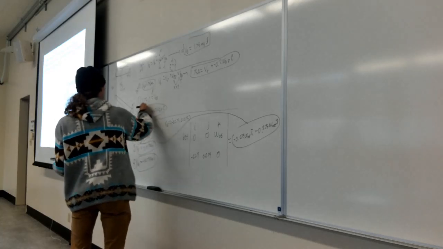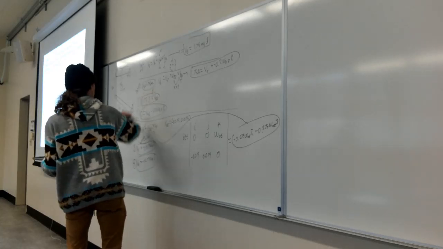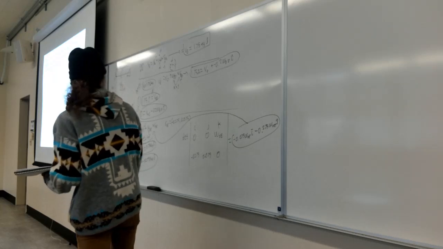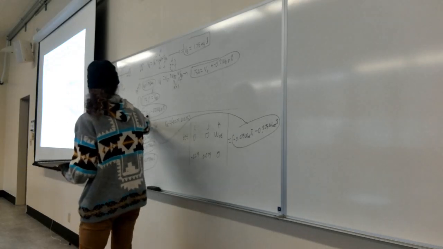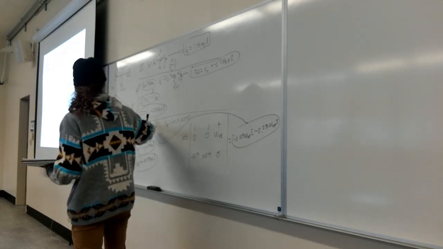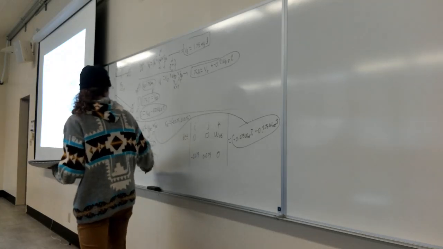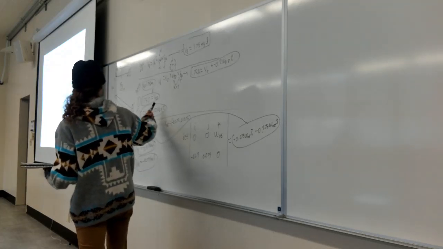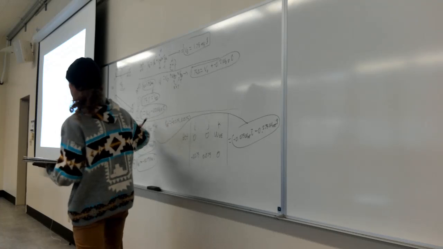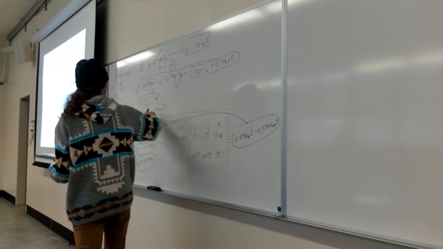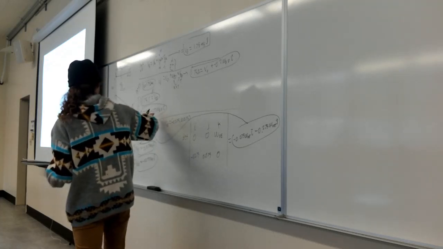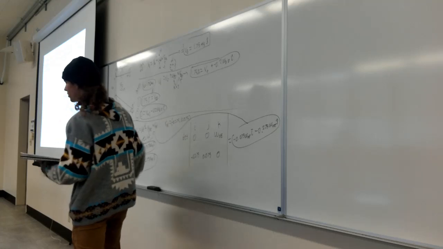So now we have 4 equations, and we can solve for our unknowns. We don't know what VD is, or omega DE, or omega BD, but we can solve with all of these. It's just a matter of substituting into them.